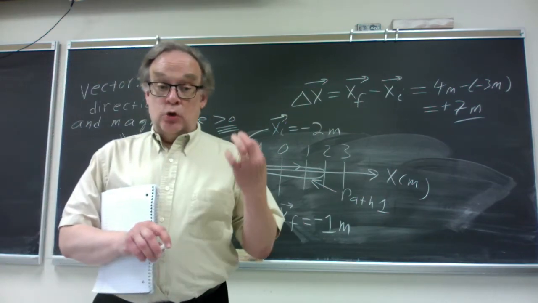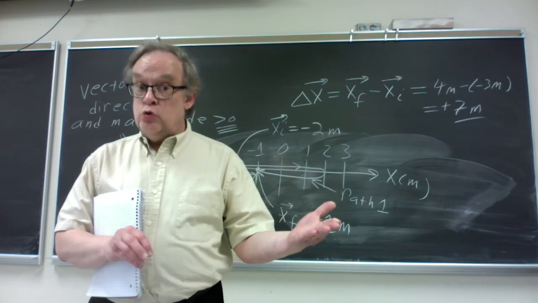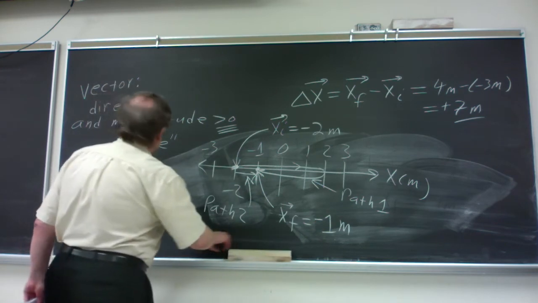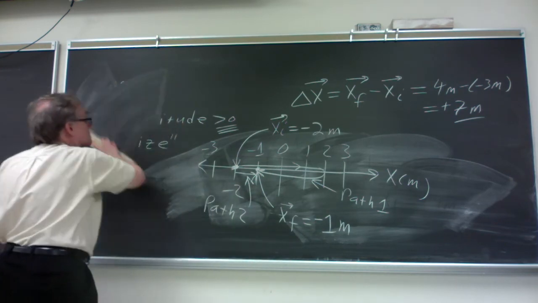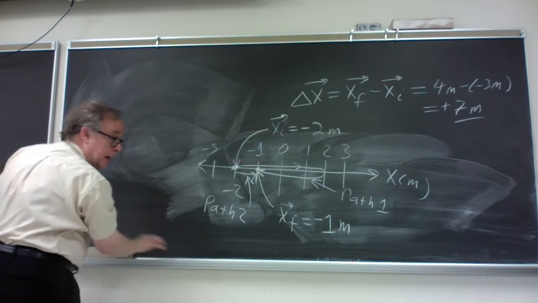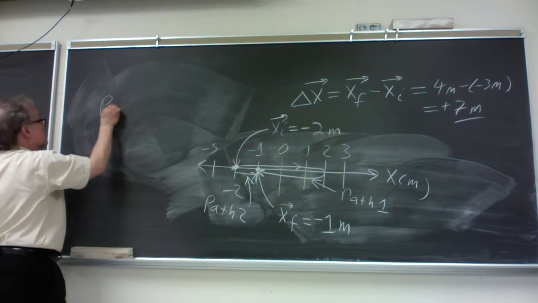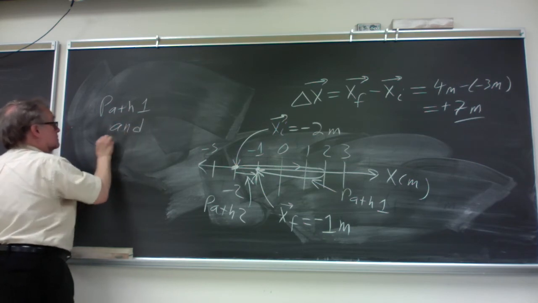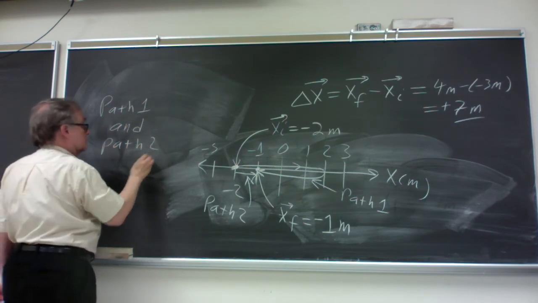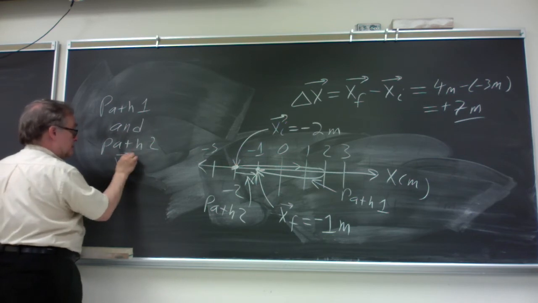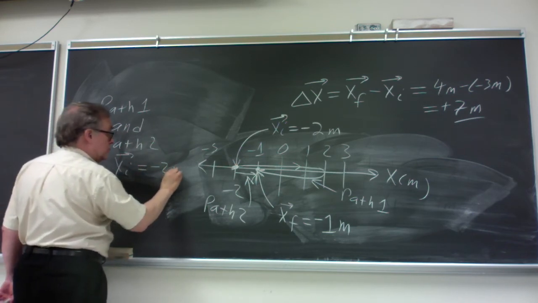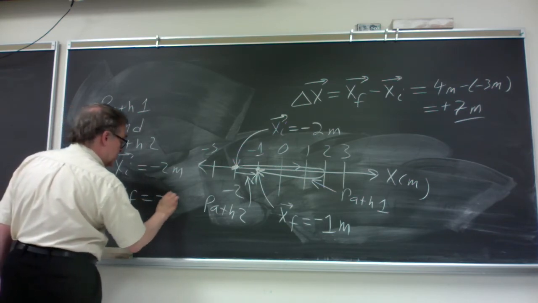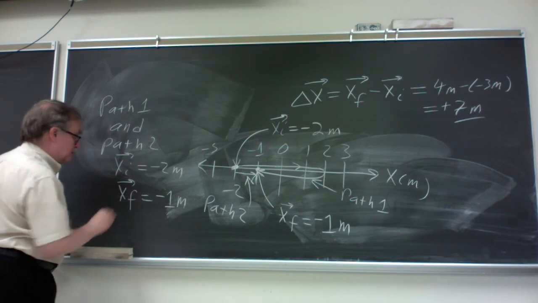As far as change in location is concerned, those two paths amount to the same thing, because for both path 1 and path 2, the initial location is minus 2 meters, and for both of them, the final location is minus 1 meter.